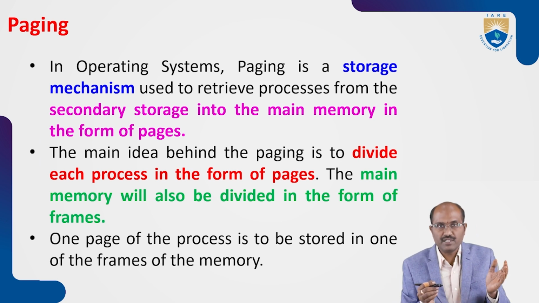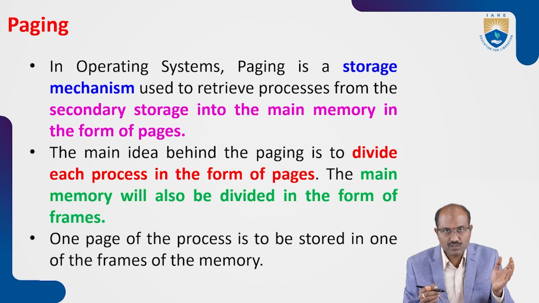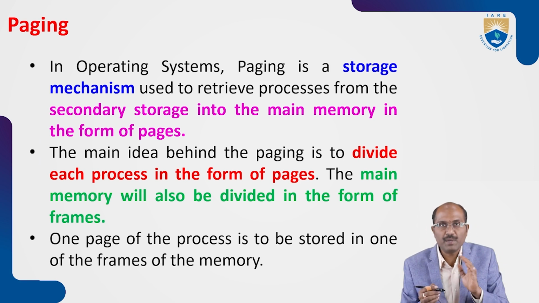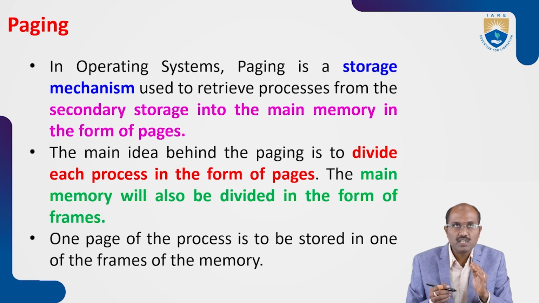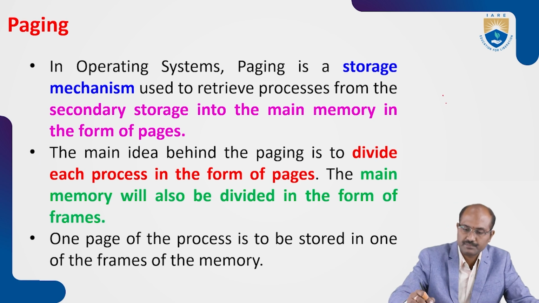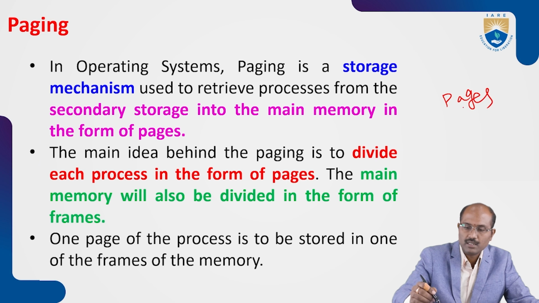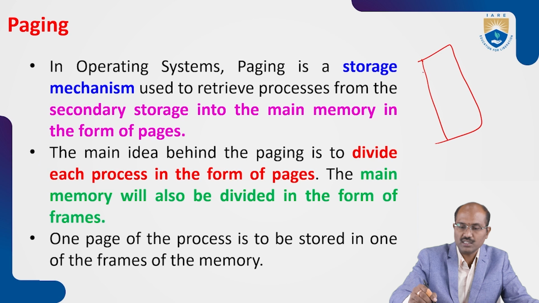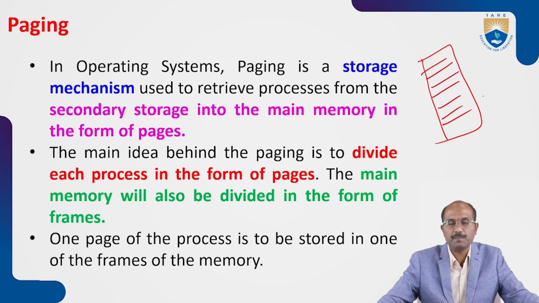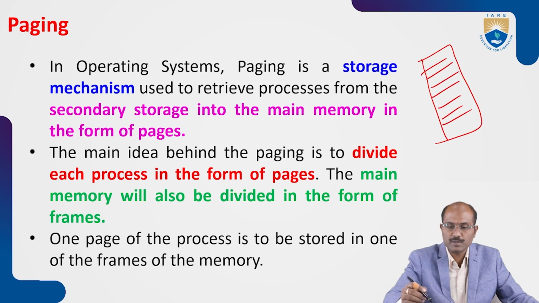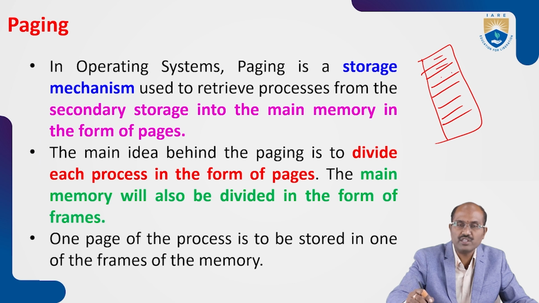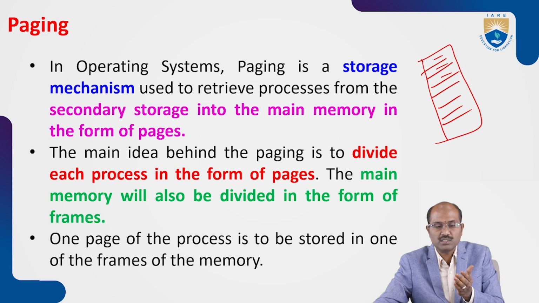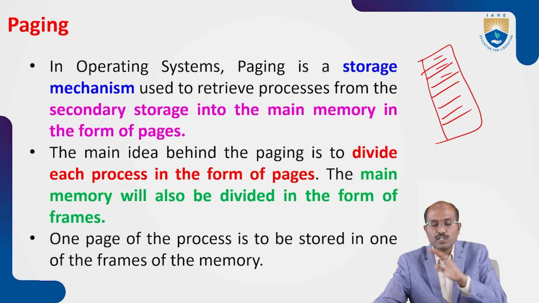That secondary storage information is switched to the main memory in the form of pages. These partitions, called pages and frames, are used to store the information, which is processed from secondary storage into the main memory.